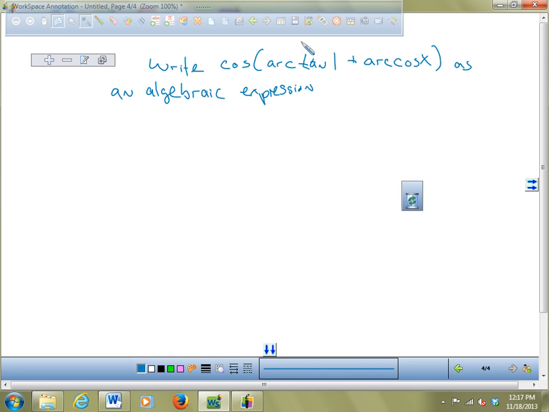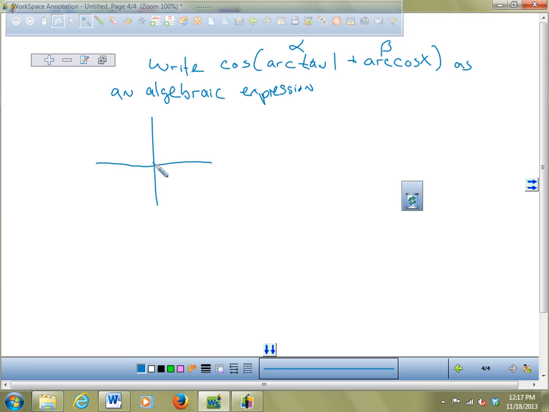So what you want to do is call this alpha and call this beta over here. Okay? And so what you're going to be using is the cosine alpha plus beta formula. To do that, first I'm going to draw a picture where tangent is equal to 1. Where is inverse tangent 1? What's the angle that I'm talking about?